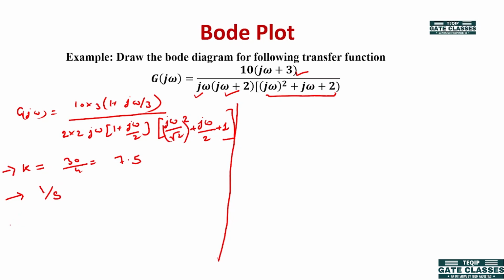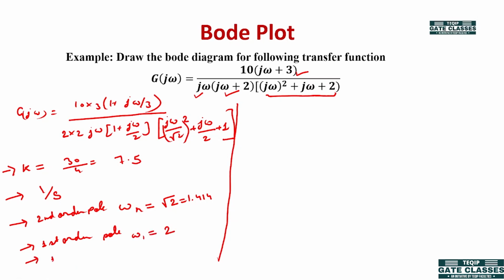Okay, next we have a second order pole with omega n is equal to root 2, that is 1.414, and then we have a first order pole at omega 1 is equal to 2, and then we have a first order zero at omega 2 is equal to 3.